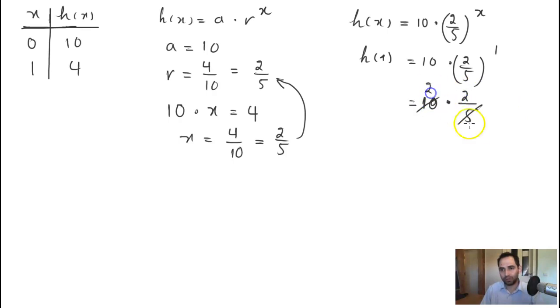This becomes 2, this becomes 1, and this becomes 4. 2 into 2 is 4, so this 4 is your output here.